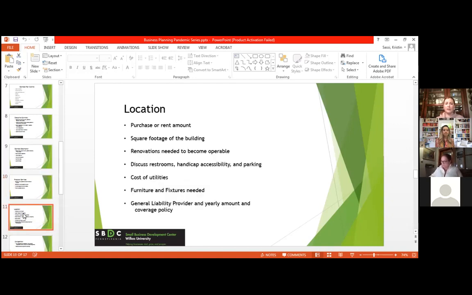The next section is your location section. Are you purchasing a new building to run your business out of, or are you going to be renting space? Either way, if you're purchasing the building or renting, you want to list the square footage.